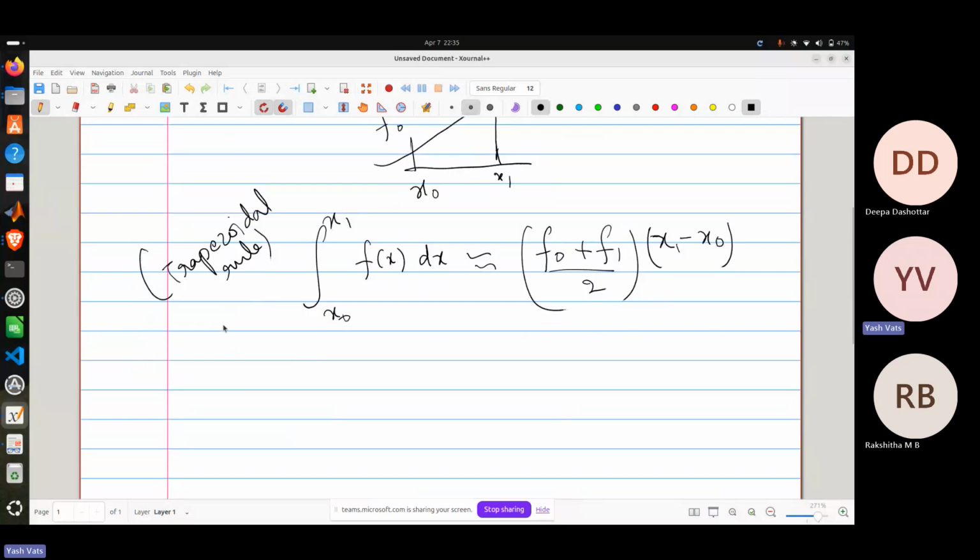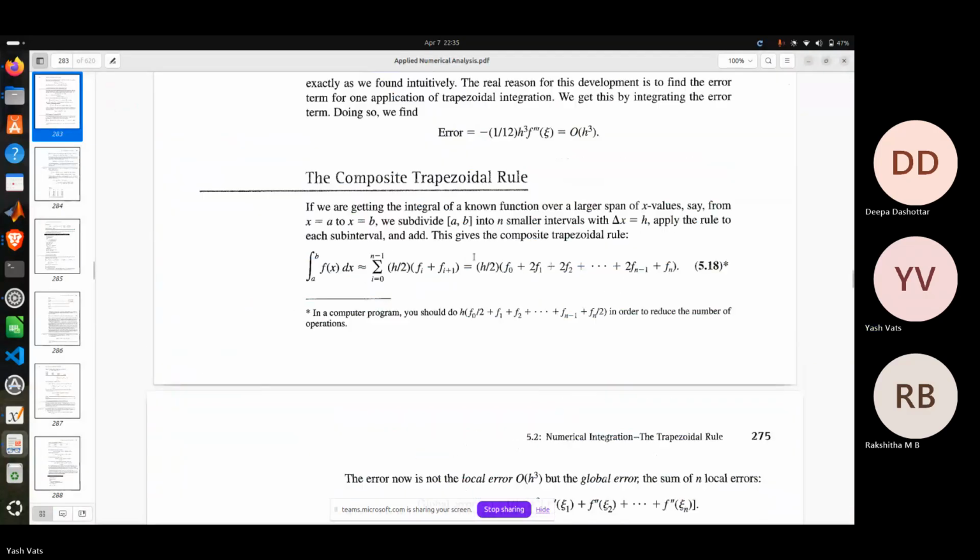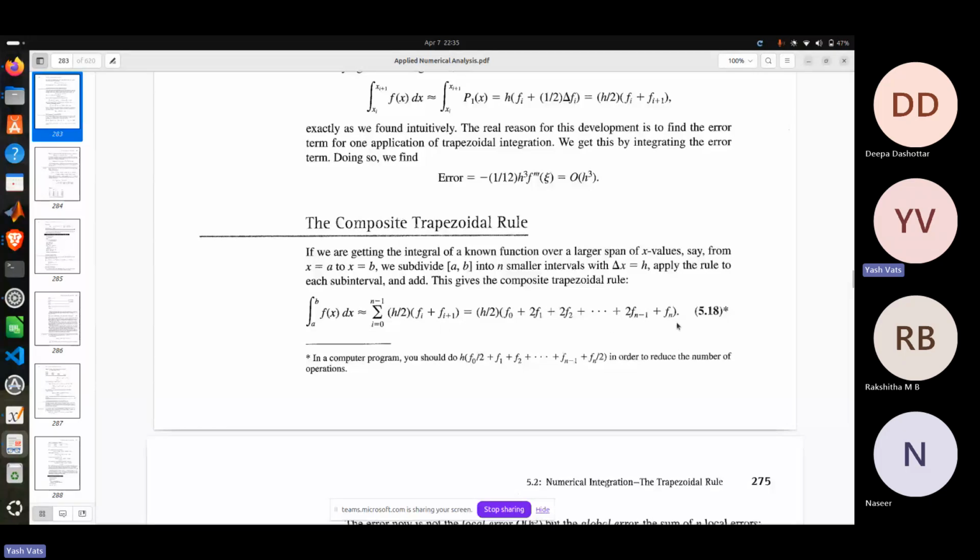So in this one, you have only 2 points, x naught and x1. But if you look at this one here, this is called composite. It means you are integrating over several points. Okay, so I'm just going to write that over here.